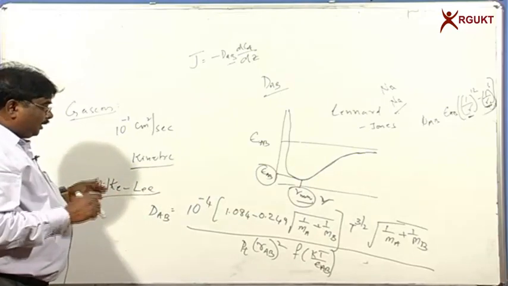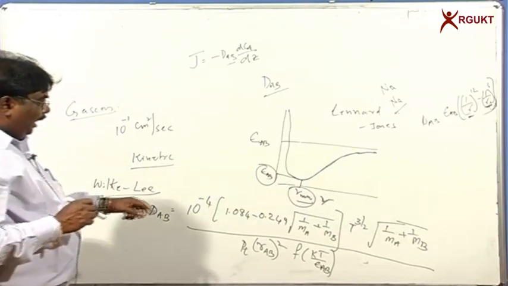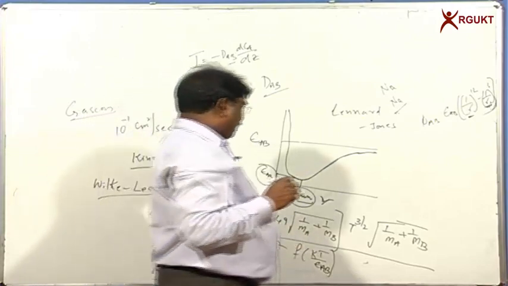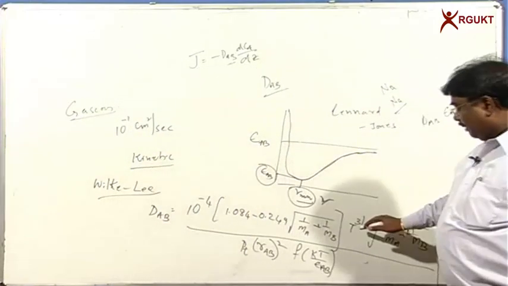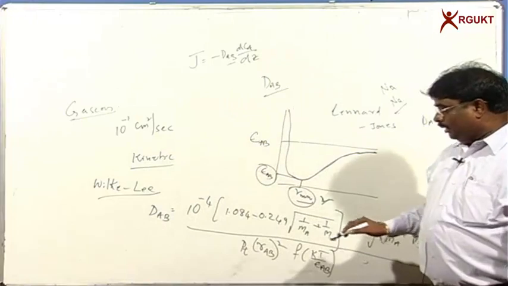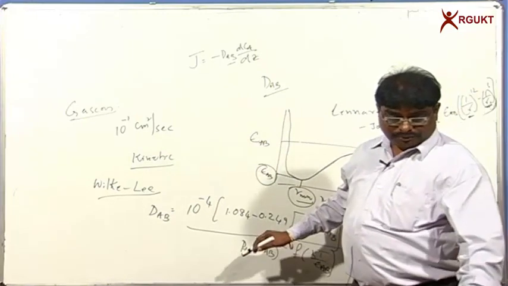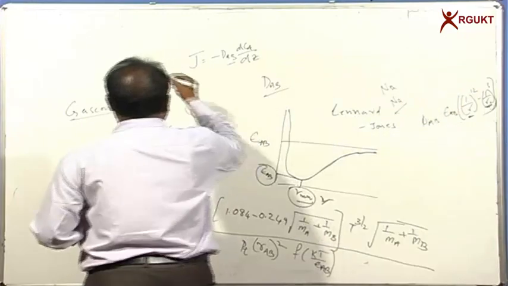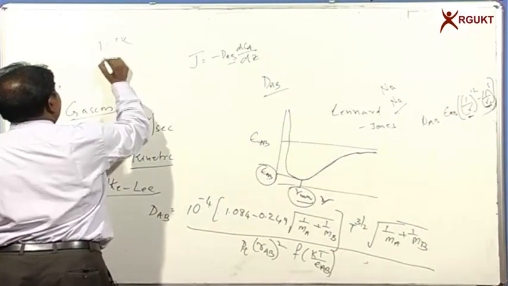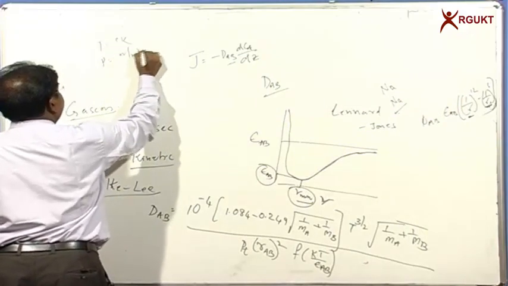This is the equation which is given by Wilke-Lee, where MA and MB are the molecular weights, and the temperature T is in degrees Kelvin, and P is the pressure in Newton per meter square.